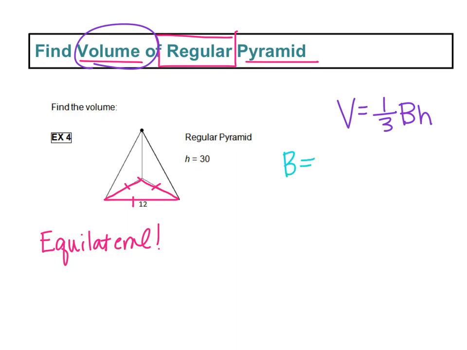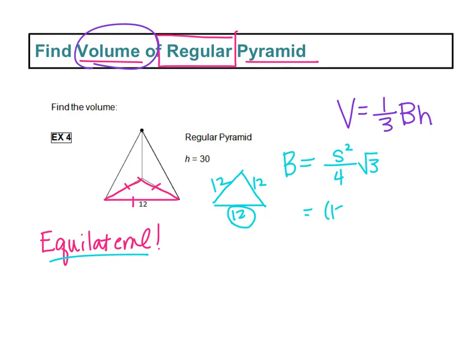So our base, if I were to draw it out, all three sides are congruent, which makes all three sides 12. And because it's an equilateral triangle, you have an area formula for that. That is s squared over 4 times the square root of 3. So we're going to plug in our side length, which is 12.